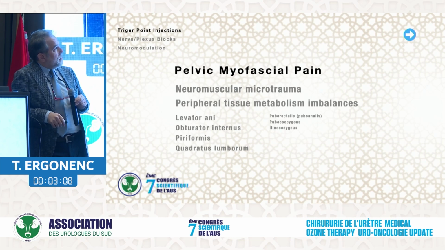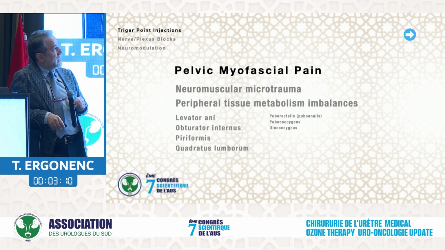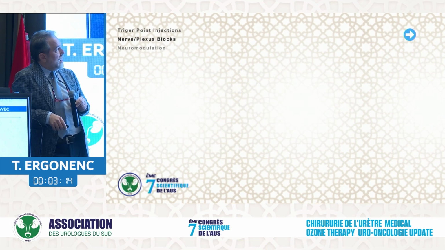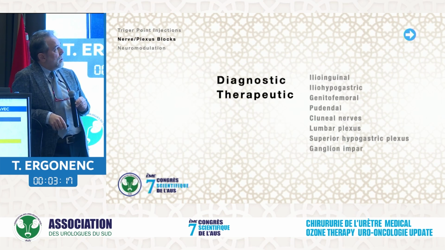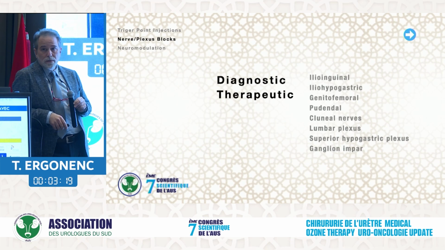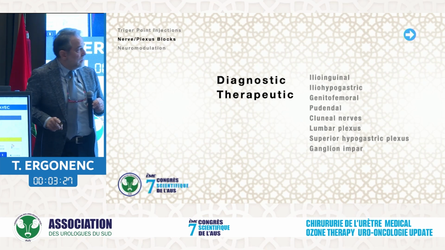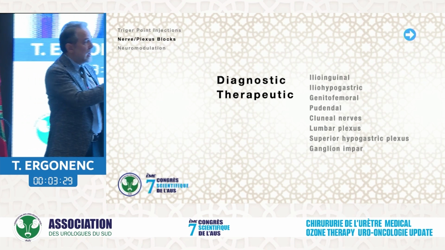And the pelvic myofascial pain comes from these muscles. You can see the muscle names here. And of course, I use ultrasound for performing my procedure. And of course, I use ozone, but for pelvic pain, we use the ganglion impar block.